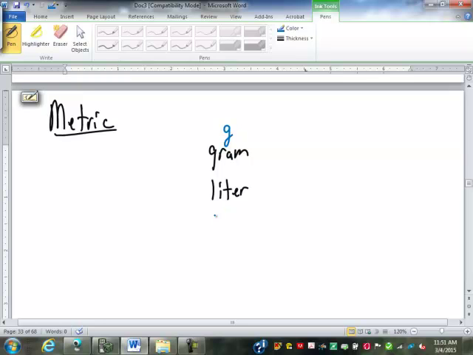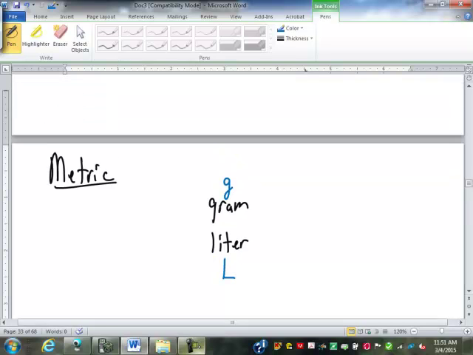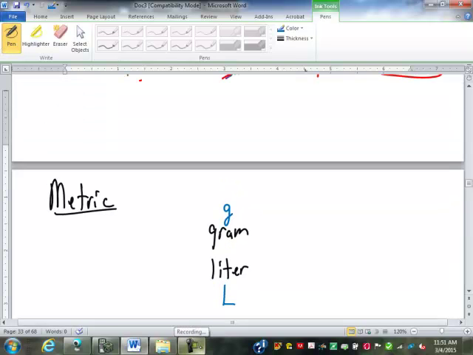Now, when I was in school, we were always taught to abbreviate liter with a capital L. The reason for that was, at that time, on the common fonts that were used, a small L and a 1 were nearly identical. So if you had like 8 liters, you didn't want any confusion of, is that 8 liters or is that 81?